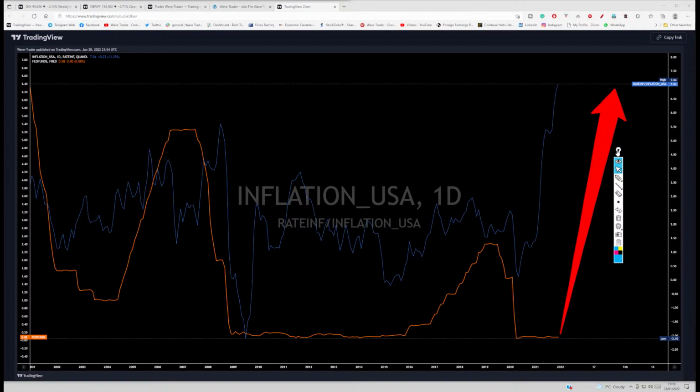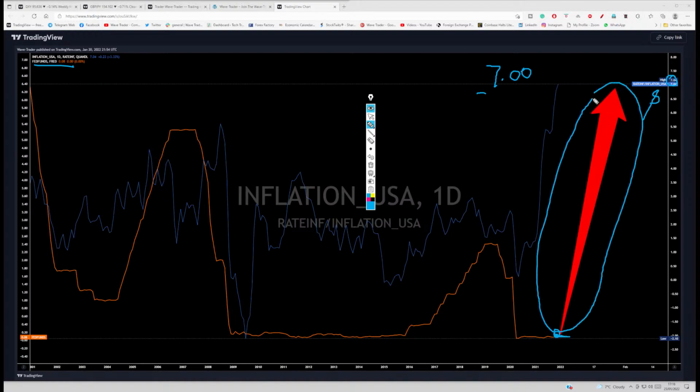So there is the inflation. US inflation is at 7%, and the Fed funds rate is at 0, sitting over there at the bottom. So there is a huge gap, or we can say that the Fed is behind the curve, or Fed credibility is under threat.